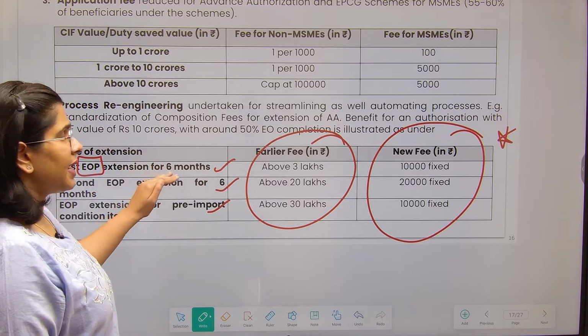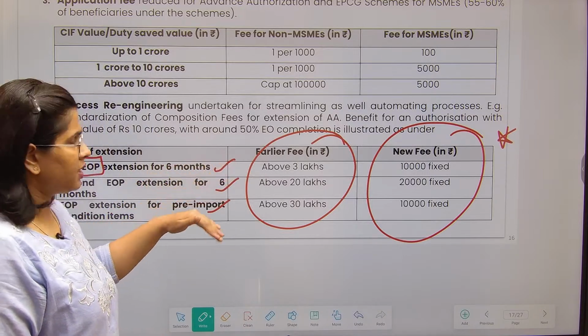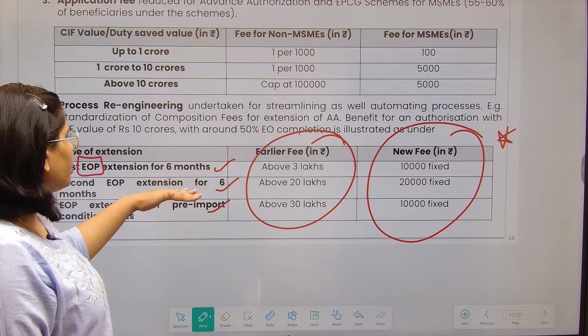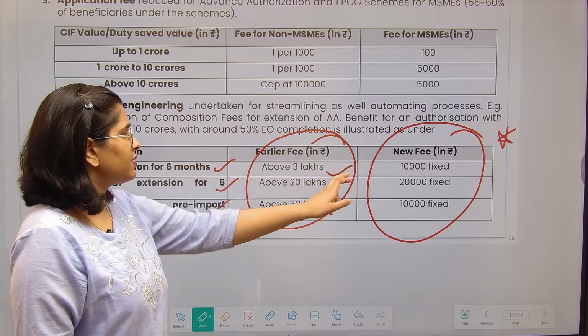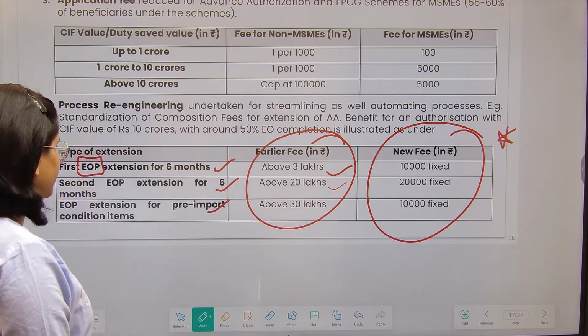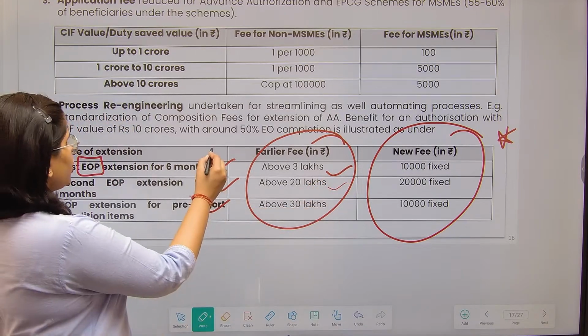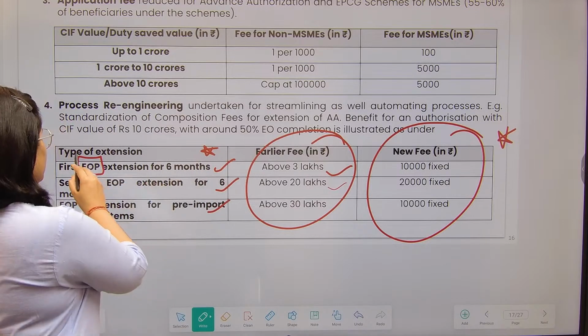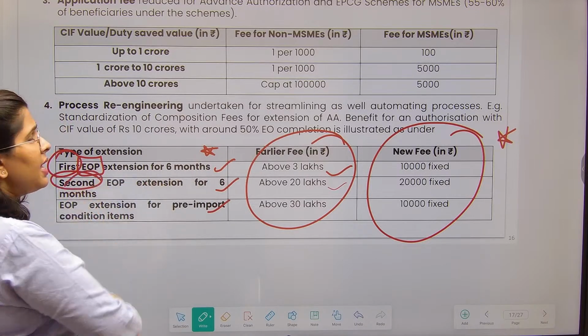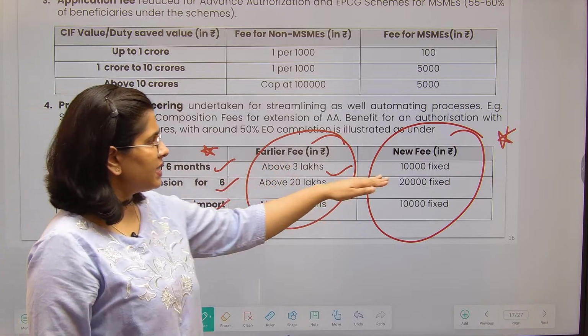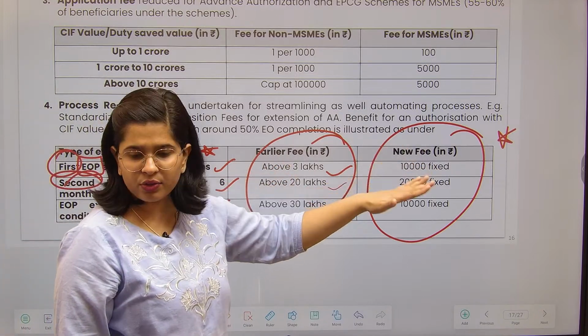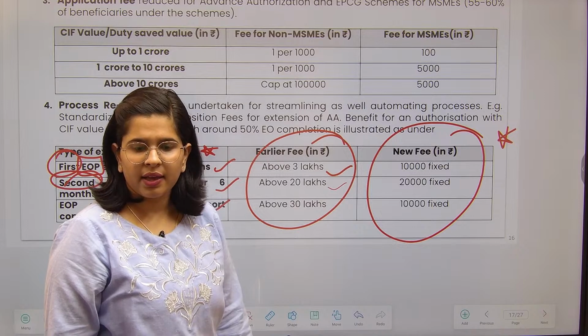If you want to extend by 6 months or for more than 6 months, in those cases the earlier fees were 3 lakhs, 20 lakhs. First you want to do the extension, this is the first extension and this is the second extension. So these were the fees, and now these fees are fixed at 10,000 and 20,000, correct?